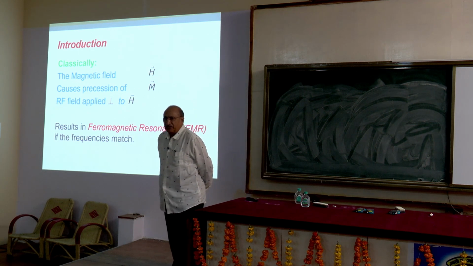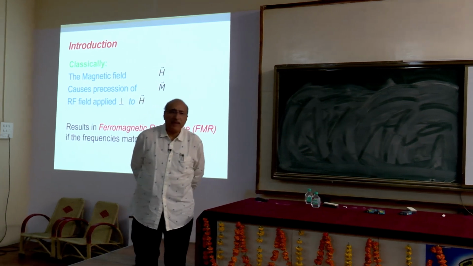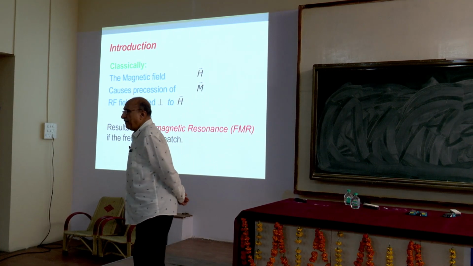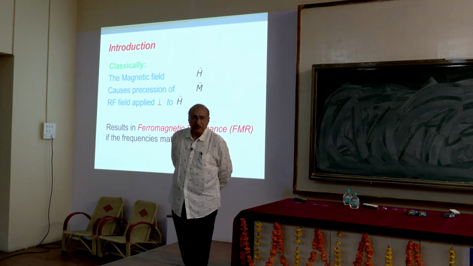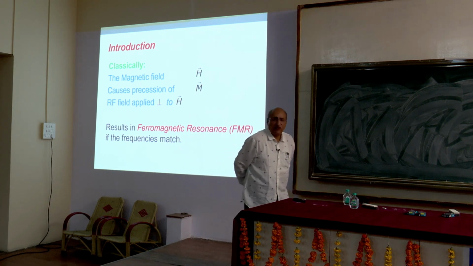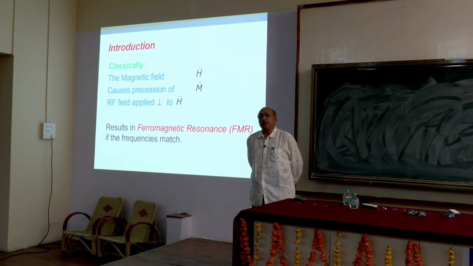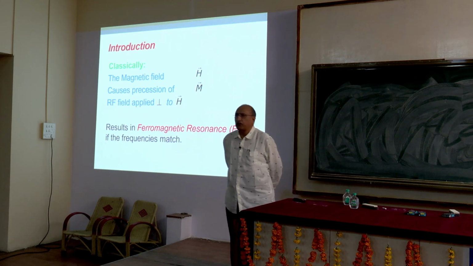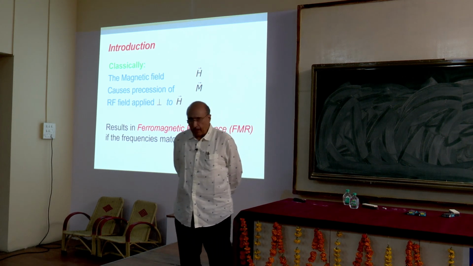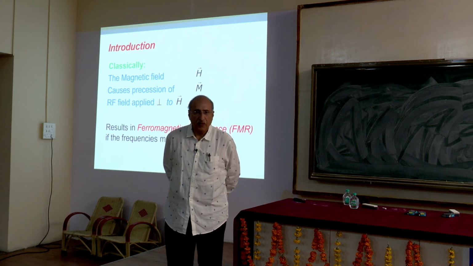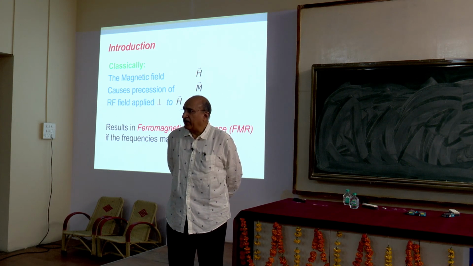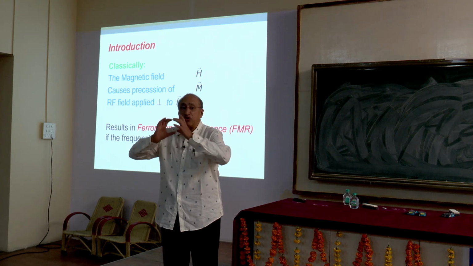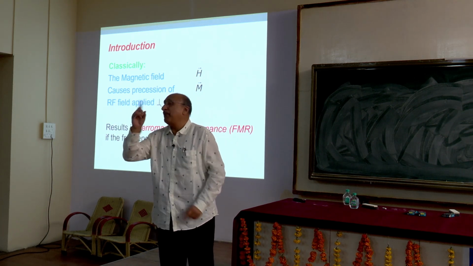See, look at my language. You apply a magnetic field to a ferromagnetic system. Before magnetization aligns itself in the direction of the field, it has a precessional motion, because the magnetic field applies a torque on the magnetization, which is M cross H. And because of that, the magnetization as a whole, since we are assuming that the entire system can be given by one magnetization, precesses.